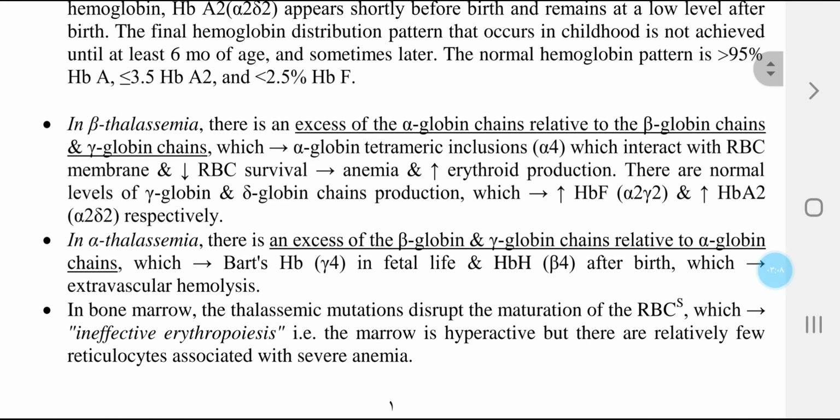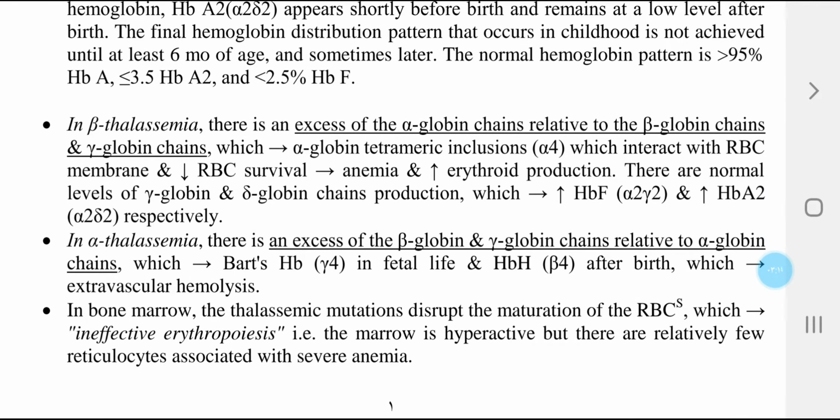In beta thalassemia, there is an excess of alpha globin chains relative to beta globin chains and gamma globin chains, which leads to alpha globin tetrameric inclusions called alpha 4, which interact with RBC membranes and decrease RBC survival, leading to anemia and increased erythroid production.